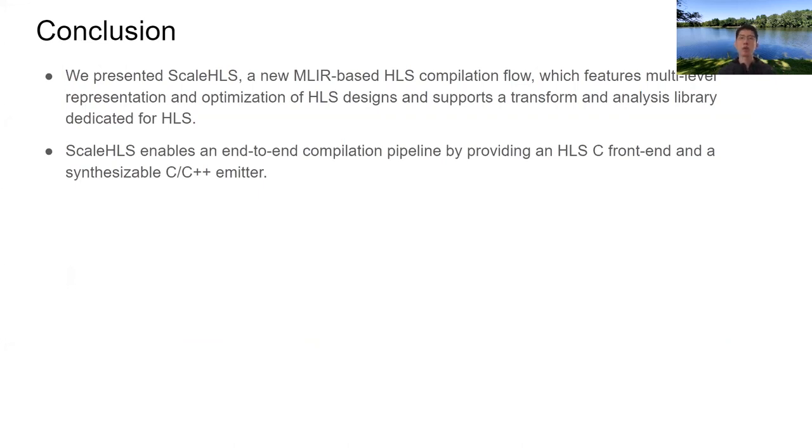And meanwhile, we package all of the optimization and analysis passes into a transform and analysis library dedicated for high-level synthesis. And meanwhile, we provide an HLS C frontend and a synthesizable C++ emitter to enable the end-to-end compilation flow of ScaleHLS.